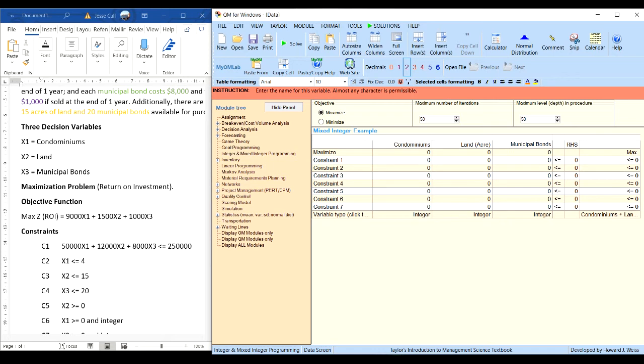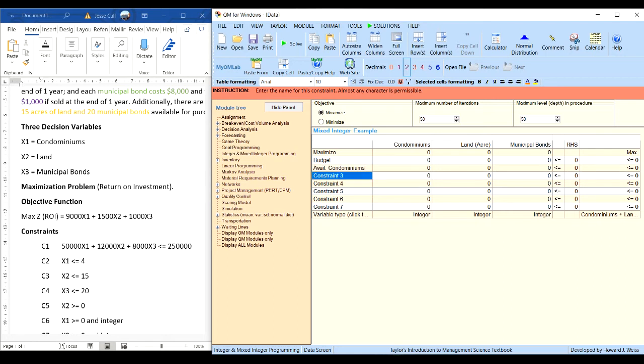Now the next thing we have to do is label our constraints. The first one, constraint number 1, budget. The second one, available condominiums.